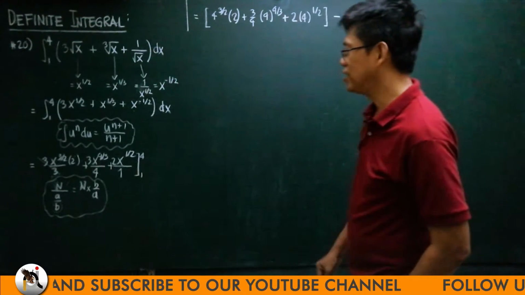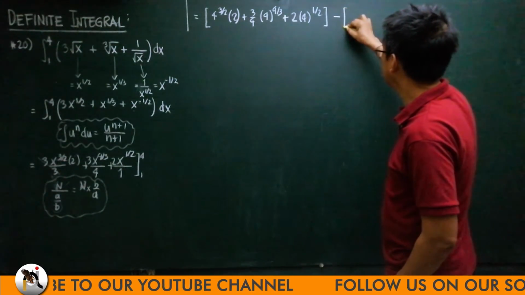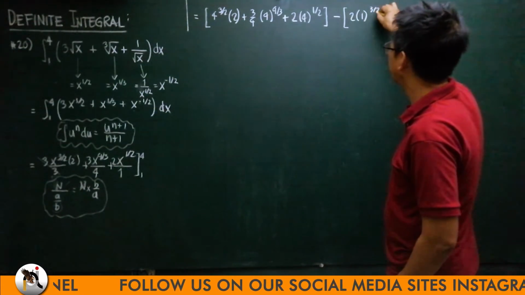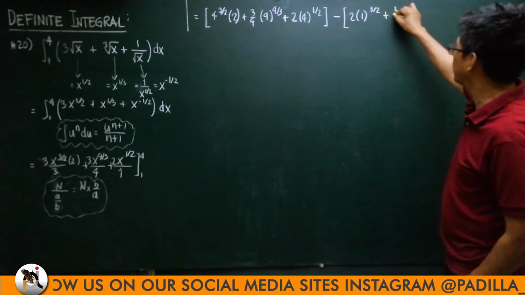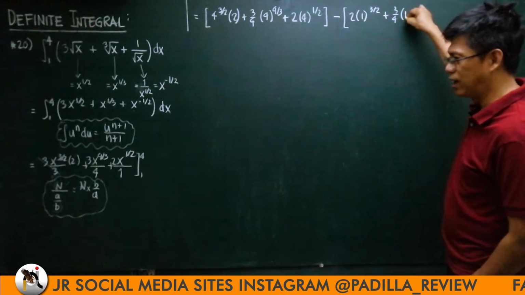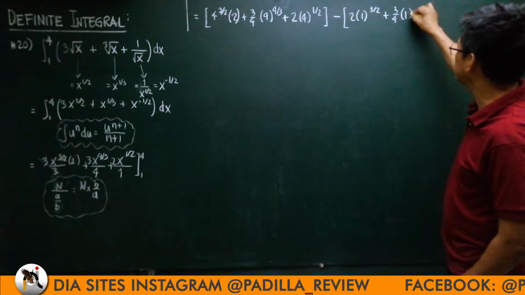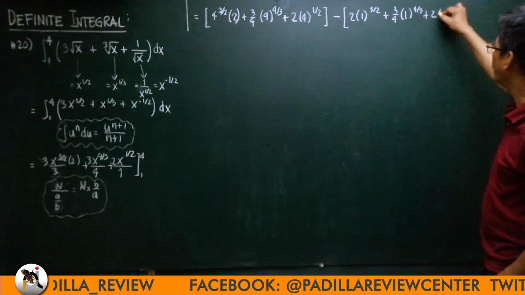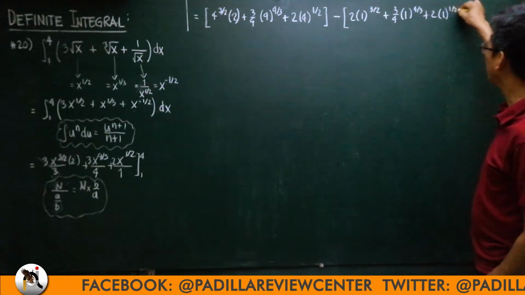No? So this is going to be 2 times 1 to the 3/2 plus 3/4, 1 to the 4/3 plus 2 times 1 to the 1/2.